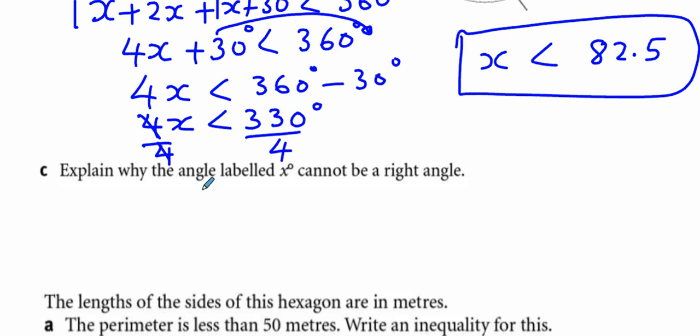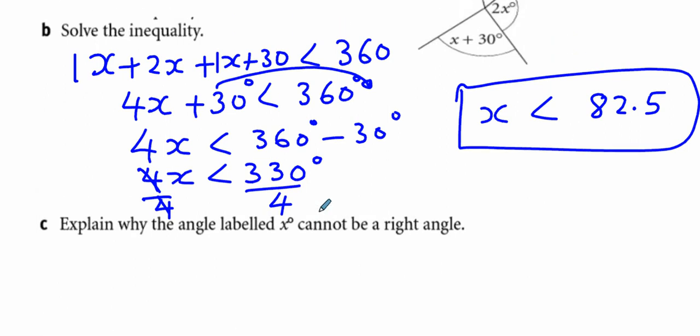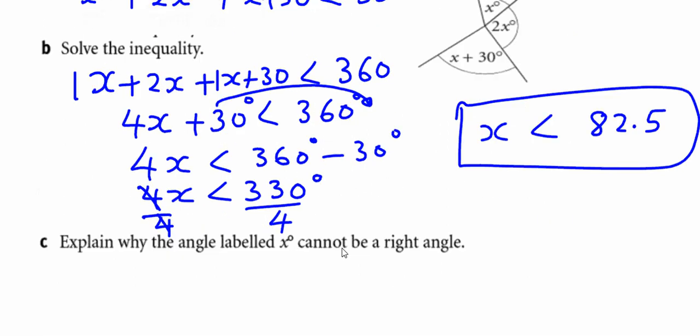Now explain why the angle labeled x cannot be a right angle. Okay, let us refresh our memory. A right angle is equivalent to an angle equal to 90 degrees.